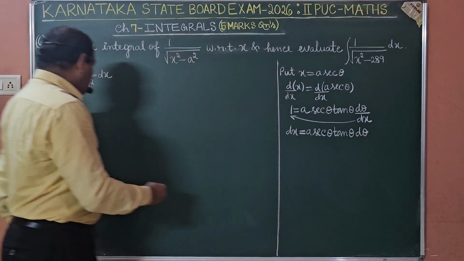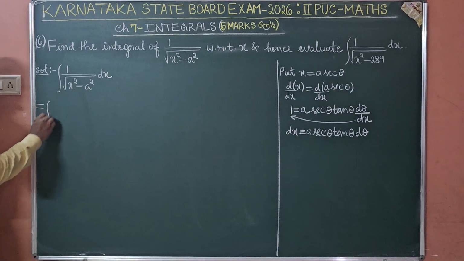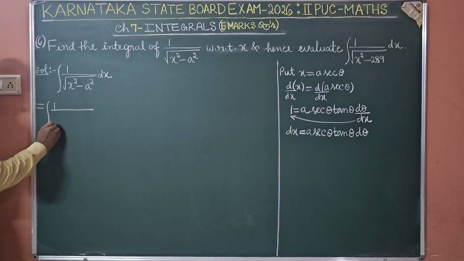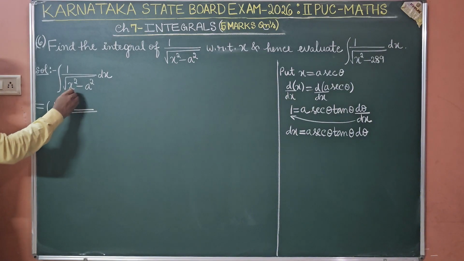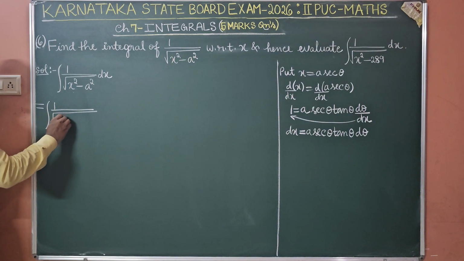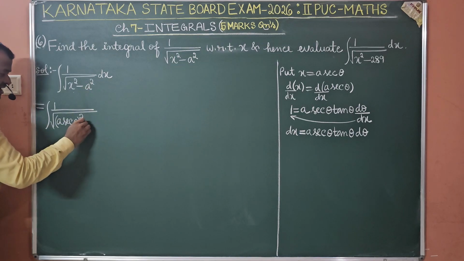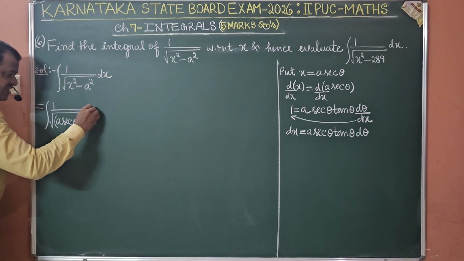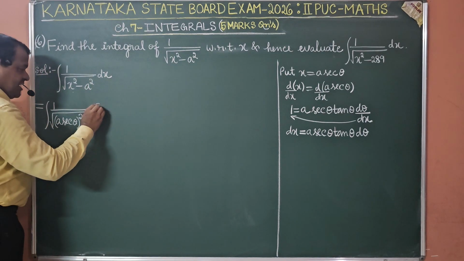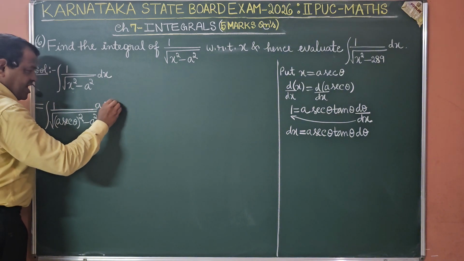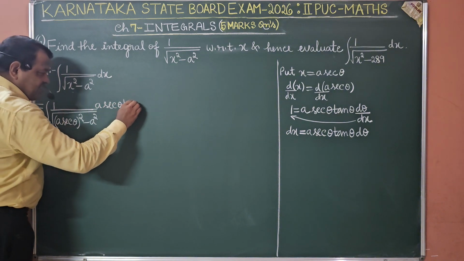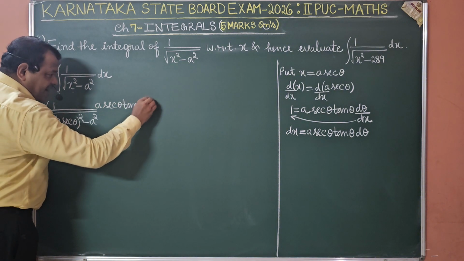Therefore, the question becomes integration of 1 by square root of x square, where x square is a secant theta the whole square, minus a square as it is, and dx is a secant theta tan theta d theta.